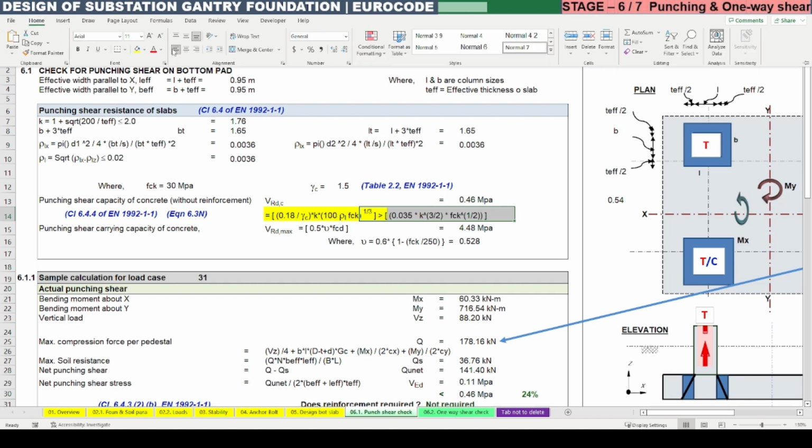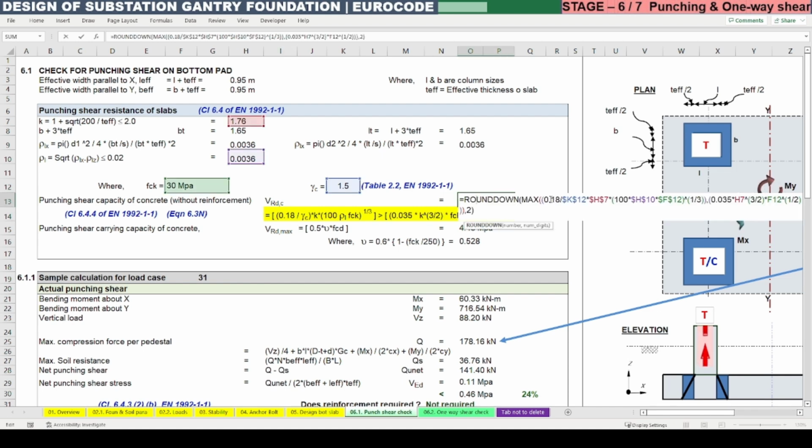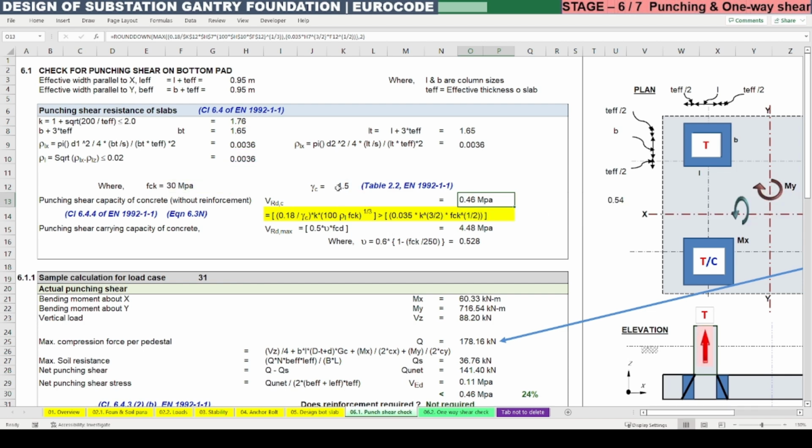Now our equation is, we have derived the equation from the EN 1992 clause 6.4.4 and the equation 6.3N. So now we need to apply these values. So 0.18 divided by gamma C, we have already seen this value, which is derived from table 2.2.